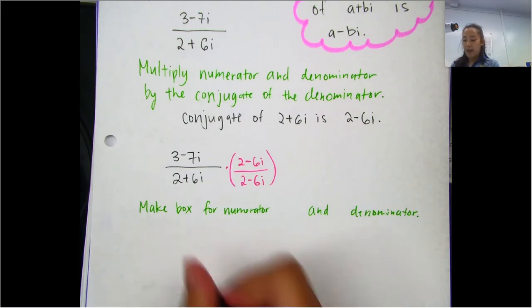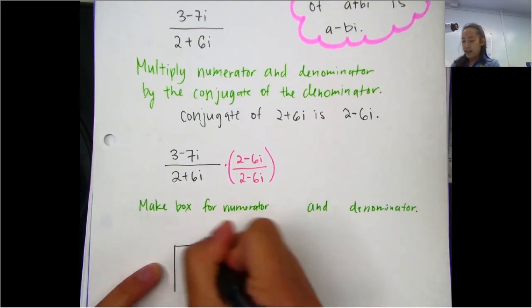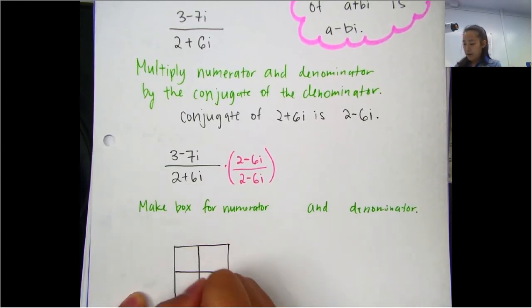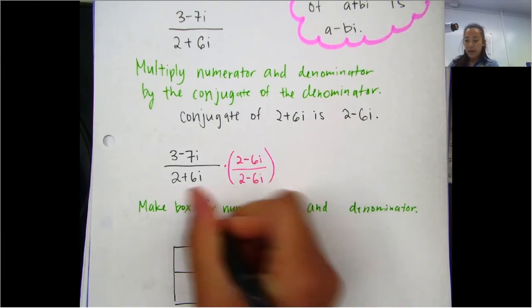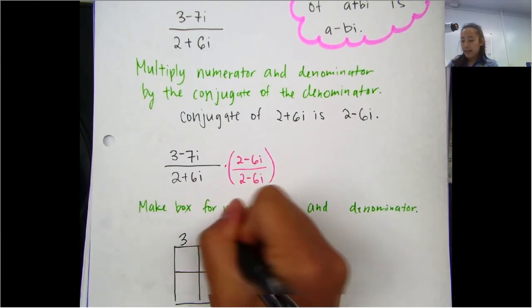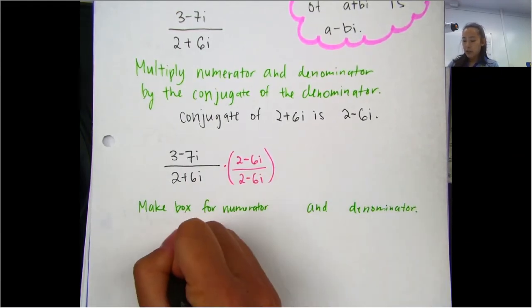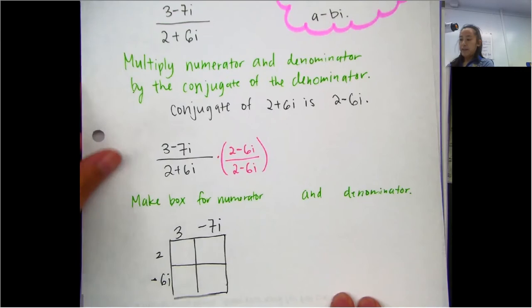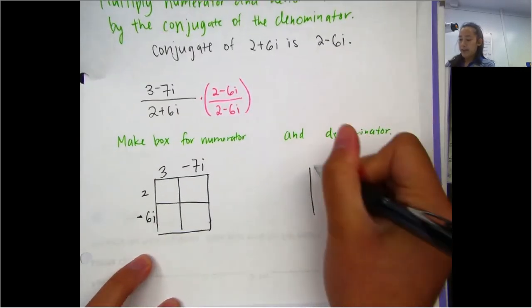Those are all the same thing. So I just said box because that's easier. So for the numerator, we'll go ahead and have 3 minus 7i, and then 2 minus 6i. And then for the denominator, we'll go ahead and make our box.